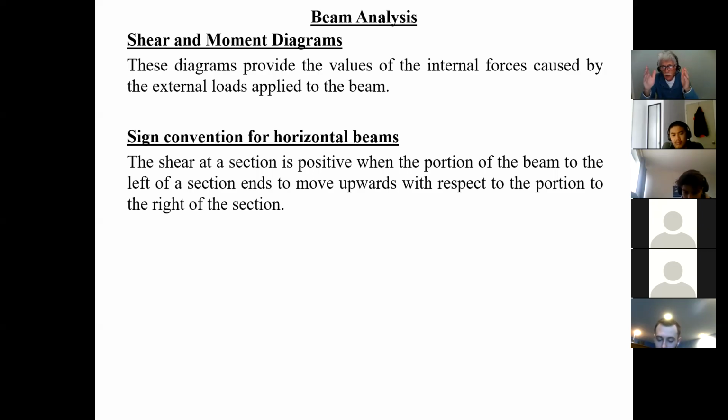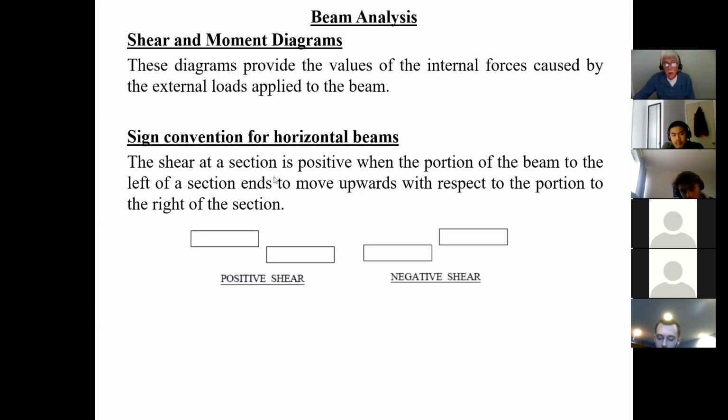Okay, so a shear force, there's no negative shear, there's no positive shear, and when things get pushed together, it can cause either. So there you go. Now here, the shear is positive when the portion of the beam to the left ends up moving upwards with respect to the right.